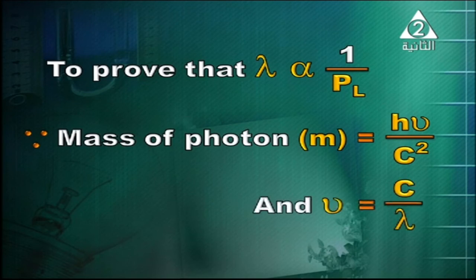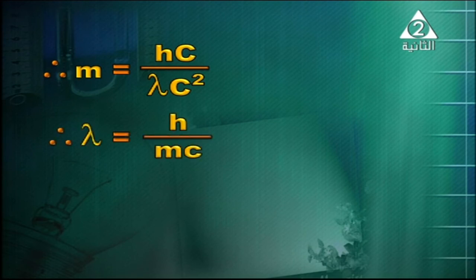Nu equals c over lambda. So the mass is determined from hc over lambda c squared. One of them will be crossed out. So lambda equals h over mc. mc is the momentum. So lambda equals h over pl. So lambda is inversely proportional to the momentum.